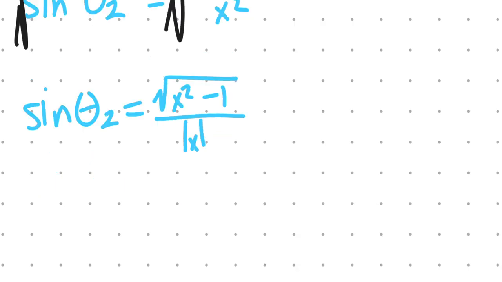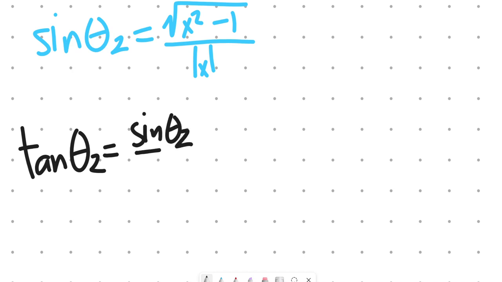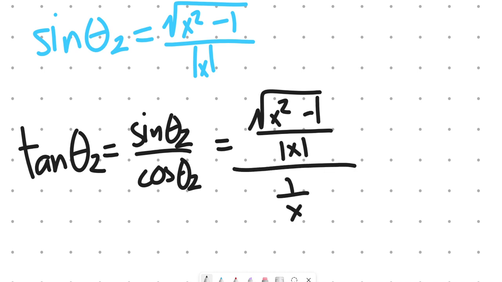Now since we have sine theta 2 and cosine theta 2, we can say that tangent of theta 2 is sine theta 2 over cosine theta 2, stating that we have the square root of x squared minus 1 over the absolute value of x, over 1 over x.